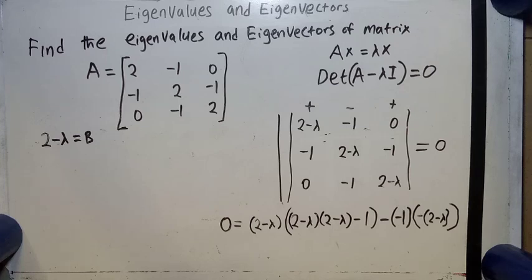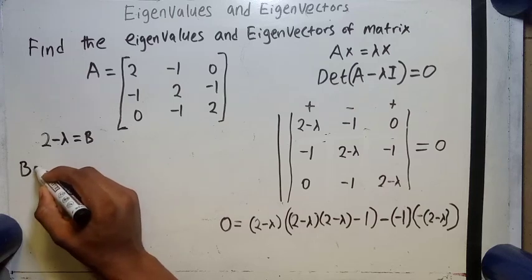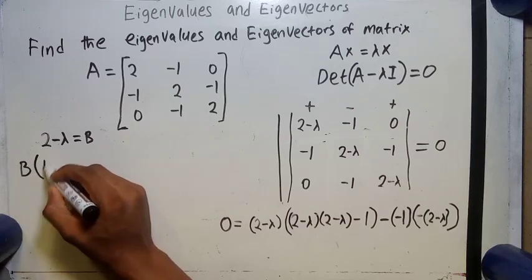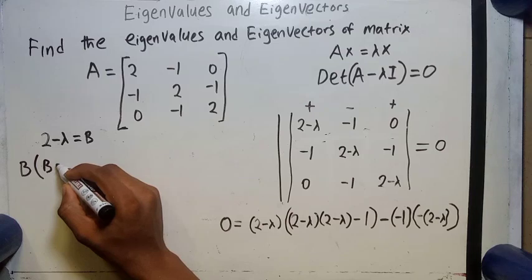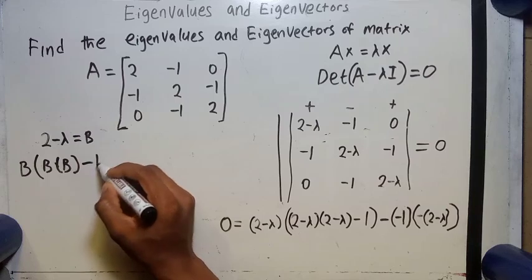Understand? So when we substitute that here, we're going to have B, brackets B, times, if you put another bracket, B minus 1.